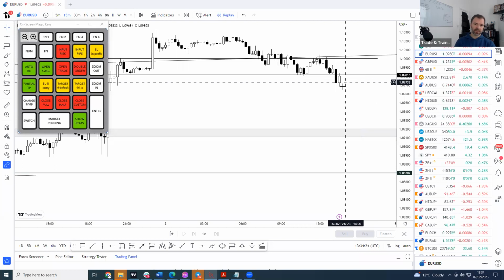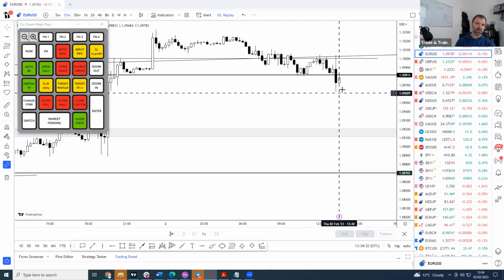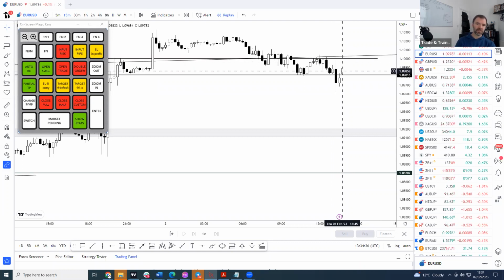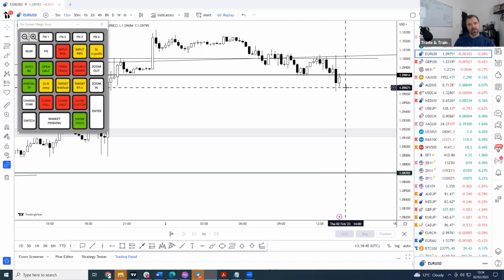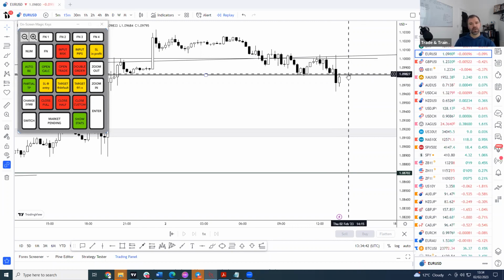So if it breaks the low of its own candle, I'll be adding half in. Current stops up here. If we break the low of this, stops go from here to above the high of this candle that's running. So this is what I call aggressive entry, hence only using half.